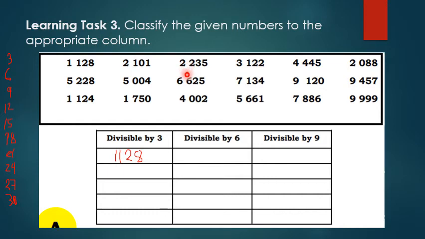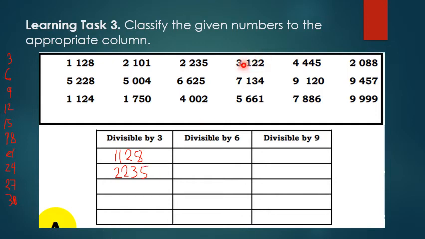Okay, next, 2,235. 2 plus 2 is 4, plus 3 is 7, plus 5 is 12. So nandito po ba ang 12? Okay, so ayun po siya. So siya po ay divisible sa 3. Okay, next.